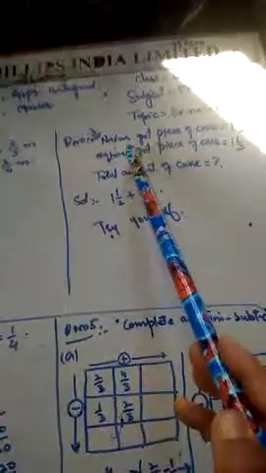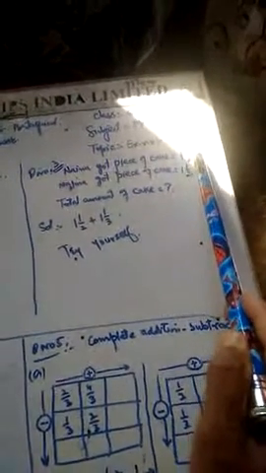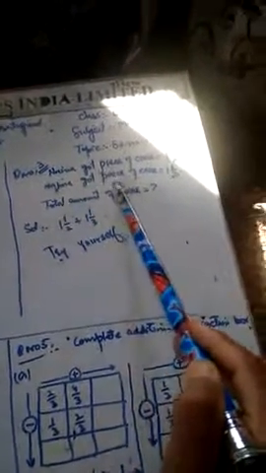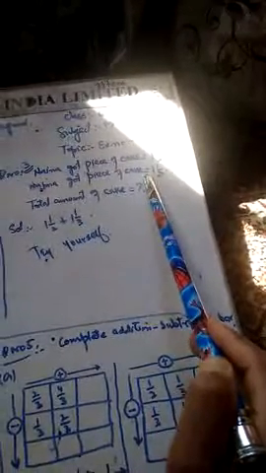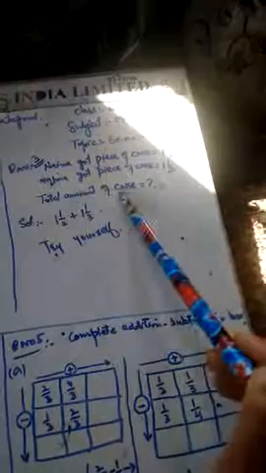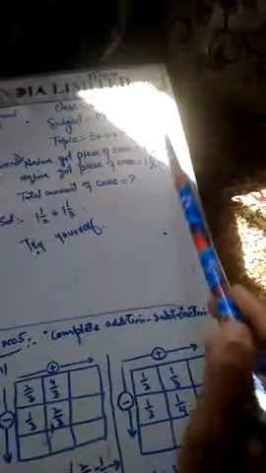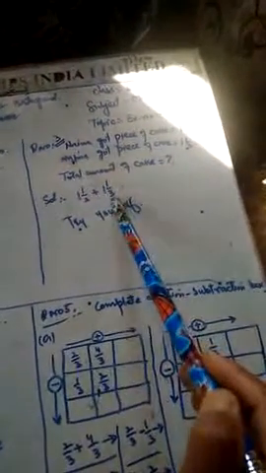Then there is question number 3. We have a cake. Nana got 1 plus 1 by 2 piece of cake and Najma got 1 plus 1 by 3 piece of cake. We have to say what is the total amount of the cake. Again we add these. It is a question of addition. We are going to add these two fractions, that is 1 by 2 plus 1 by 3.